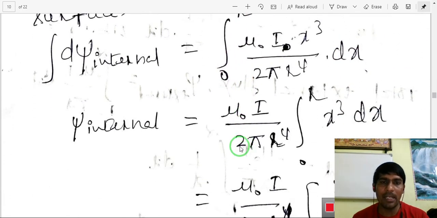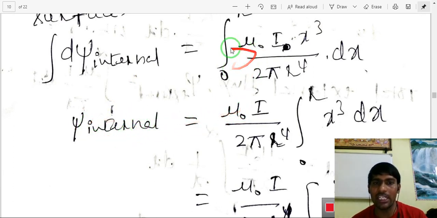By integrating this, the flux linkage due to internal flux equals, taking the common factor, μ₀ I by 2πr⁴ integral from 0 to r of x³ dx, where x is variable here.